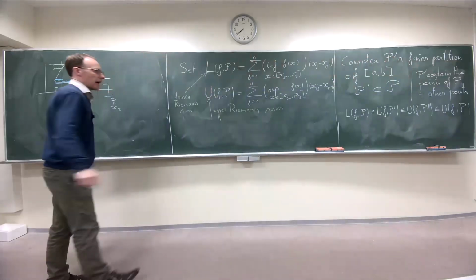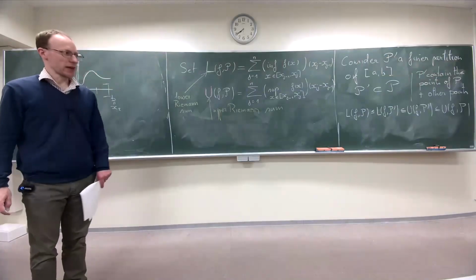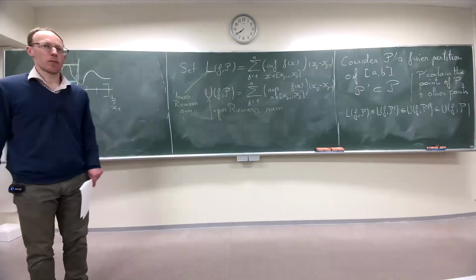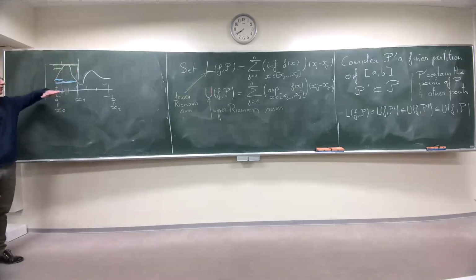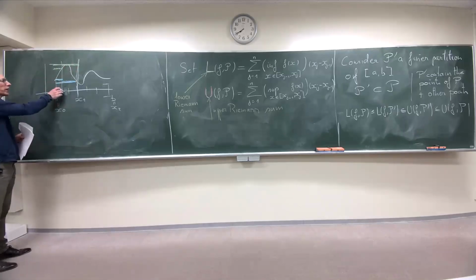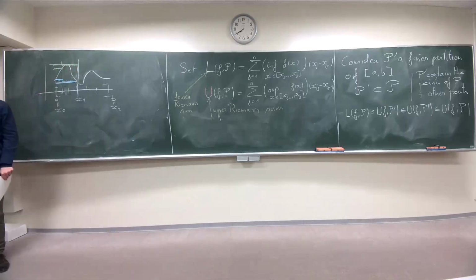I'm saying with P prime, the lower Riemann sum is bigger. Look, it's visible here. With P prime, it is this wavelet. The minimum is bigger than the other one. So when you compute the lower Riemann sum, this contribution will be bigger than the original contribution.